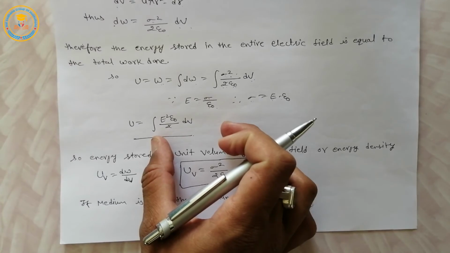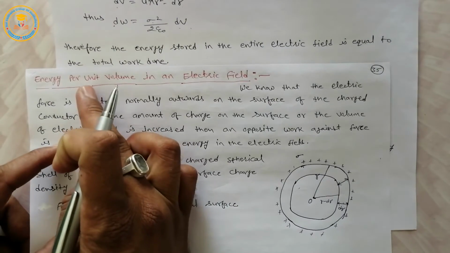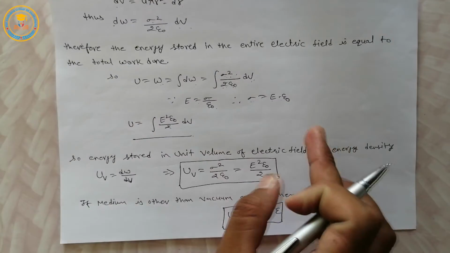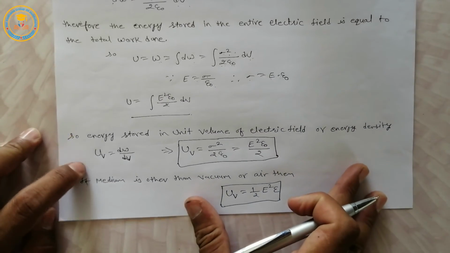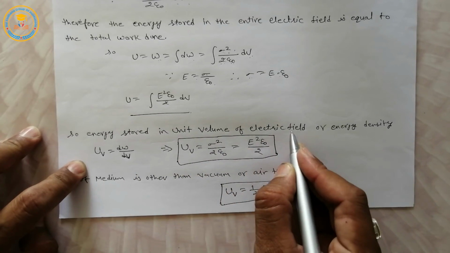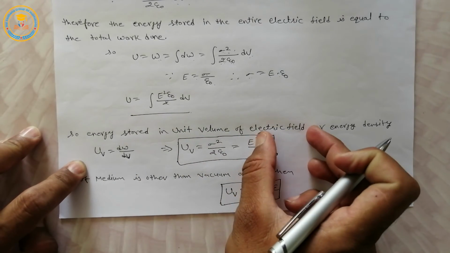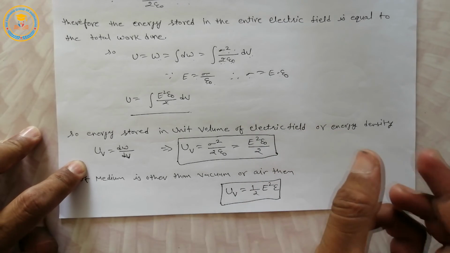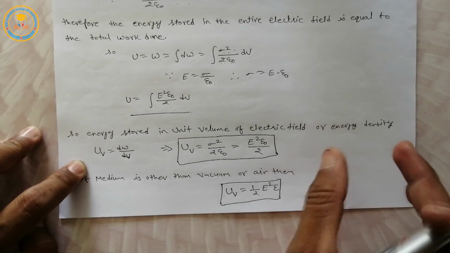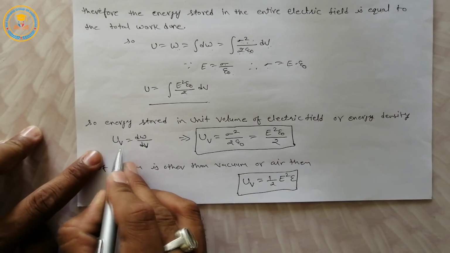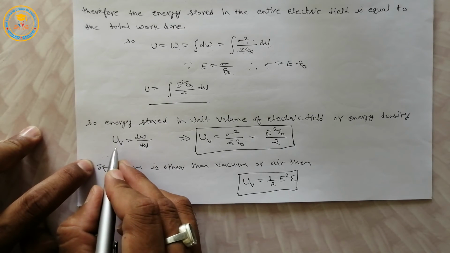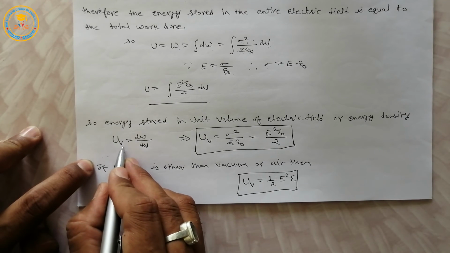But our heading is electric energy per unit volume in an electric field. So we determine energy per unit volume. The energy stored in unit volume of electric field is known as energy density. According to the definition of energy density, we write UV. UV is the energy density, or electric energy stored in unit volume.